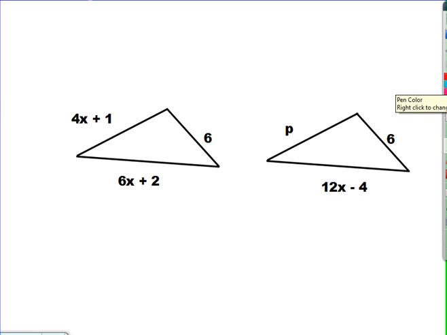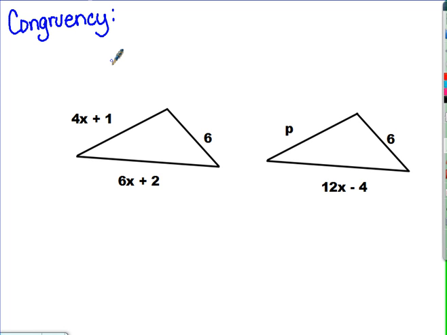All right, the next thing that we're going to talk about is congruency. When we're talking about congruency, we're talking geometry. In algebra, we have things that are equal. In geometry, we have things that are congruent.